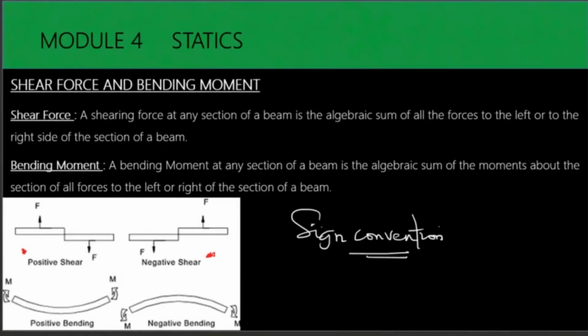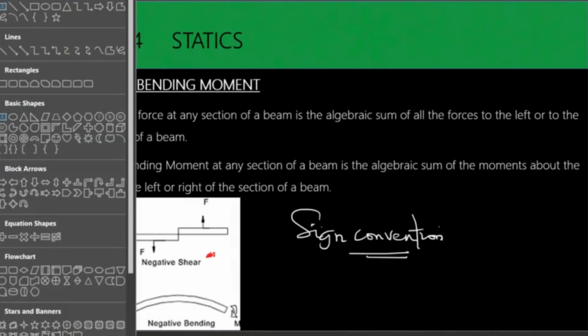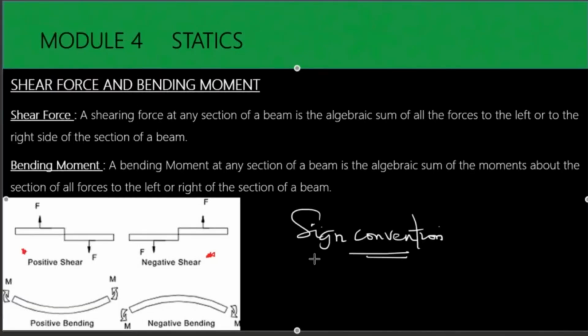We are going to be using this sign convention when we are calculating the bending moment at each section. With sign convention, this is when the arrow is pointing down, and this is when the arrow is pointing up.